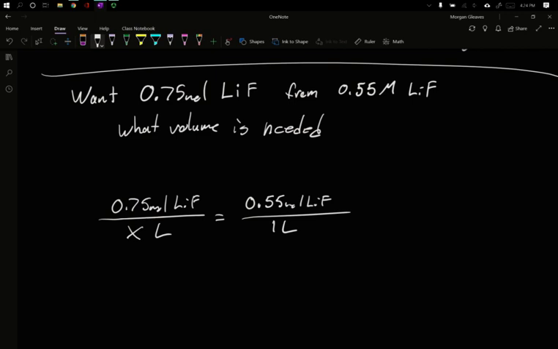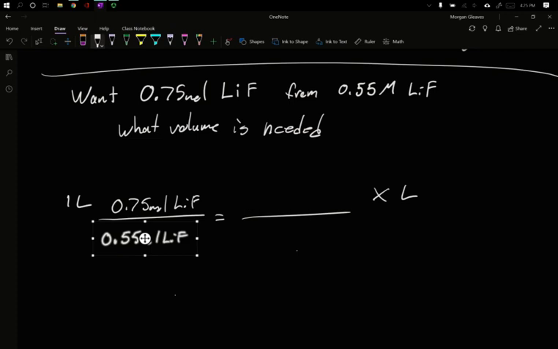I need more moles than is in 1 liter, so I'm going to need a larger volume. I can solve for what x is if I rearrange. I need to bring the unknown up to the far side. I need to multiply by 1 liter to get it off of the right side. I need to divide by the concentration in moles in order to rearrange everything and have x liters all on its own.